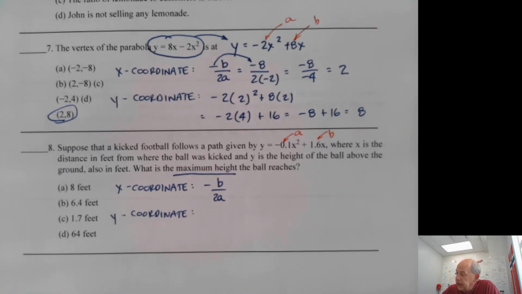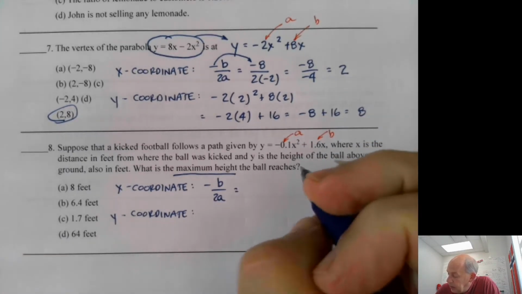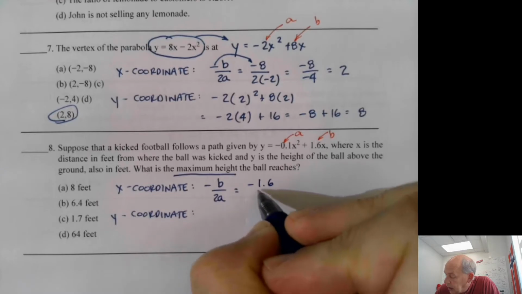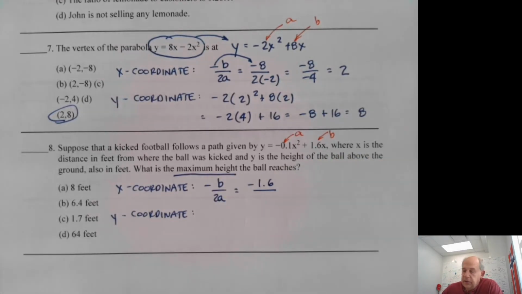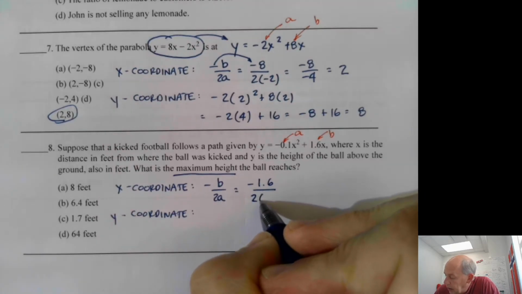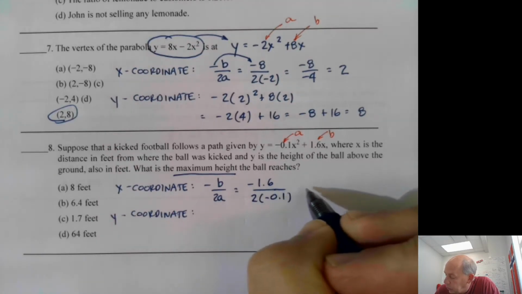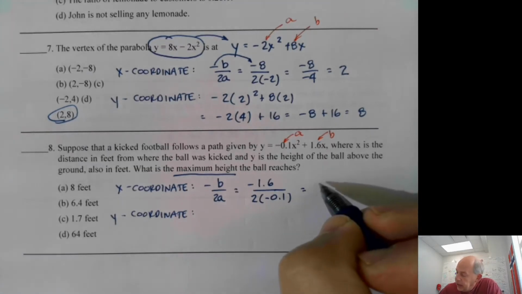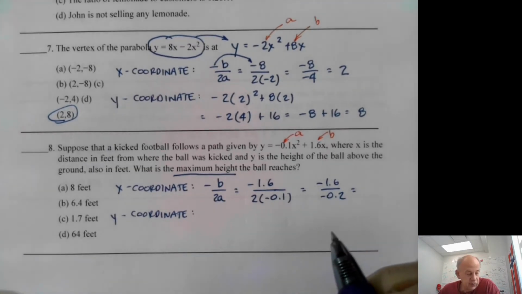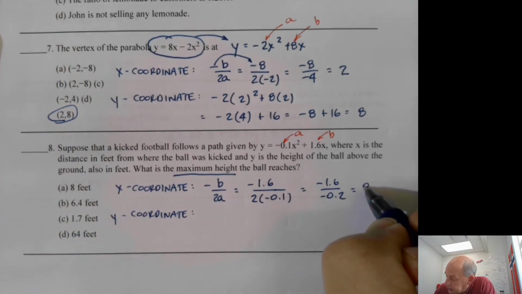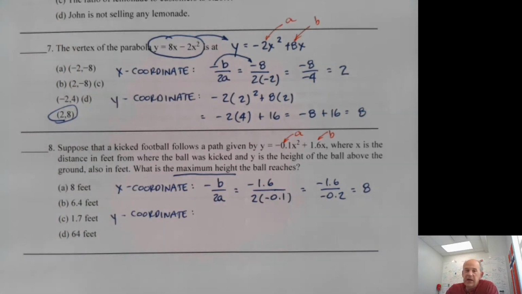So there's my a value and my b value, negative 1.6. That negative again is from the formula. My a value is negative 0.1. So I have negative 1.6 over negative 0.2, which is equal to 8. That is the x coordinate of the vertex.